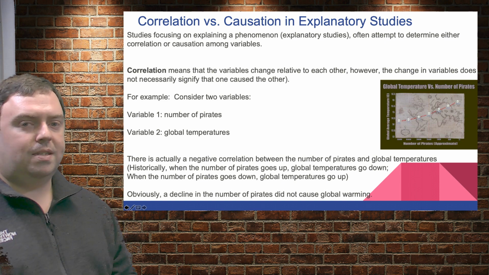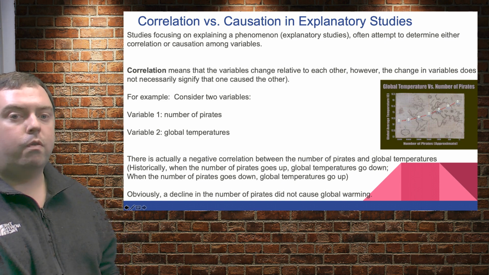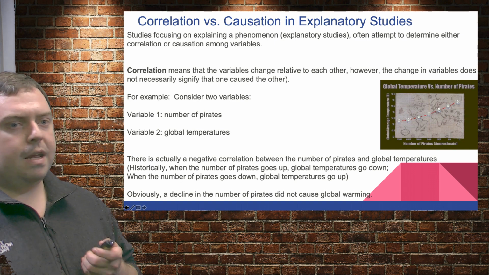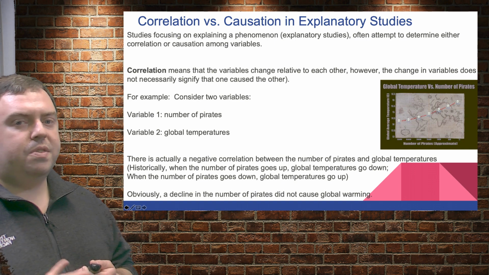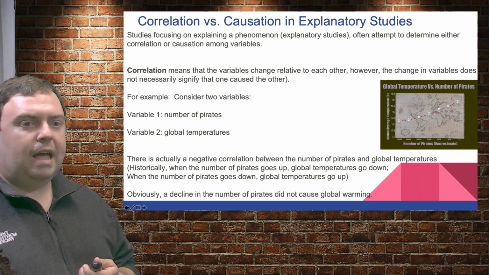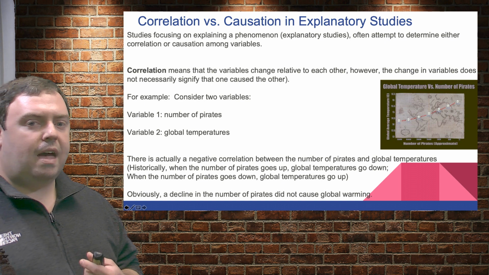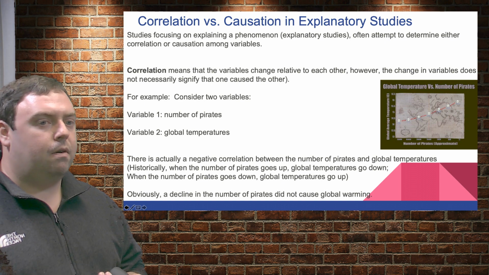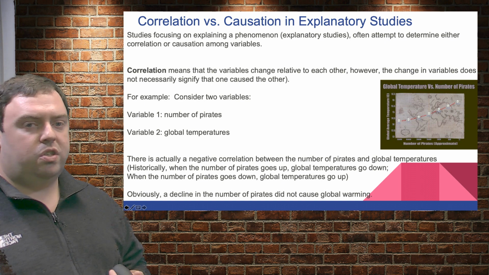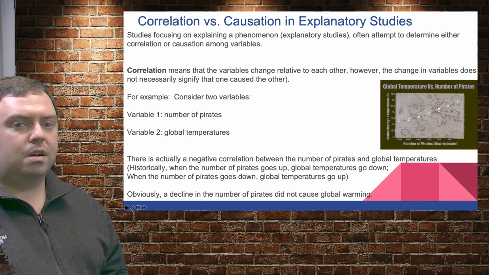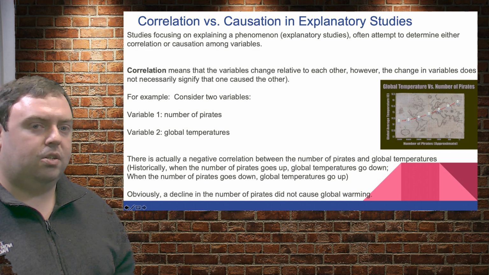If you're both growing together, then it's positive. But in this case, this is just a correlation. It happens to be interesting, but we can't say that because there are more pirates, the pirates change the temperatures. There's no way to explain that. It's just a coincidence. It's just a correlation.